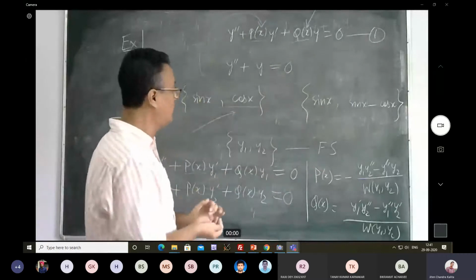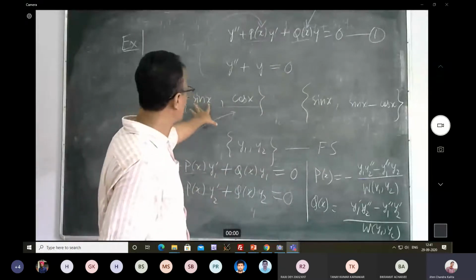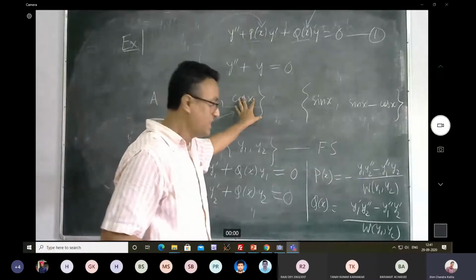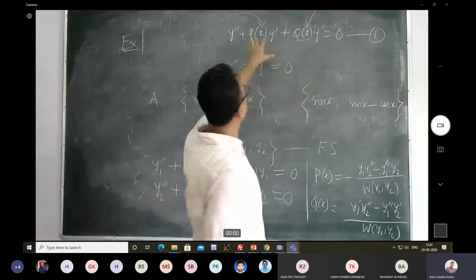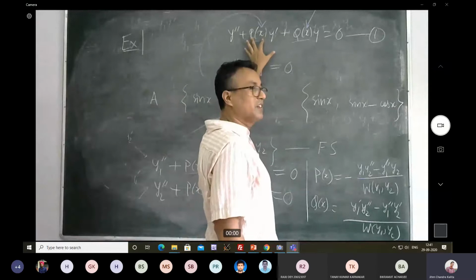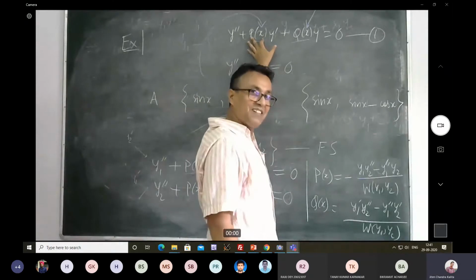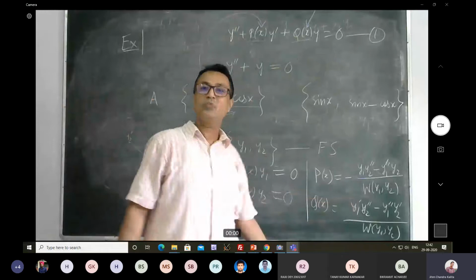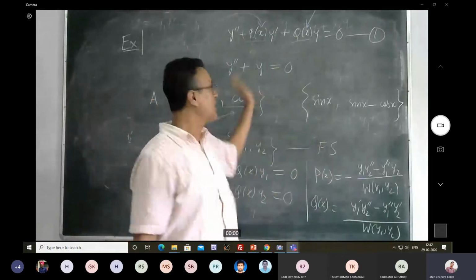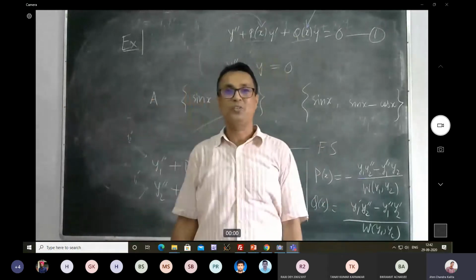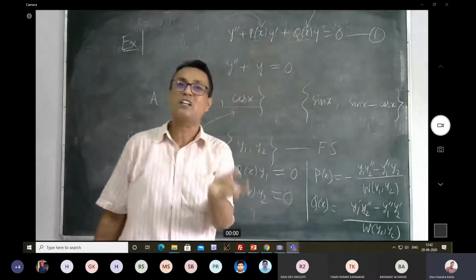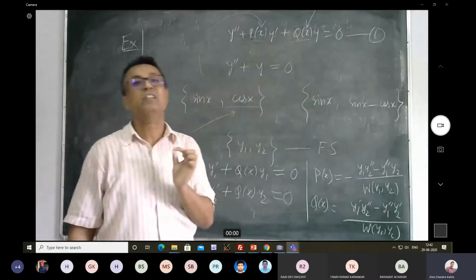You just verify at home that if you use sin x as y1 and cos x as y2, then p(x) is 1 and q(x) is 1, and whether you get that or not. Similarly, you can try with some other equations also. Then you will see that these coefficients are uniquely determined by a fundamental set.